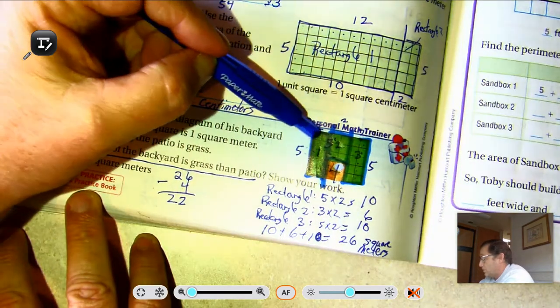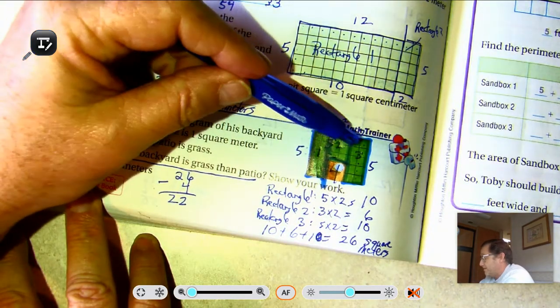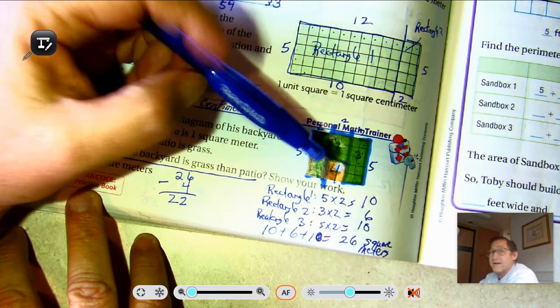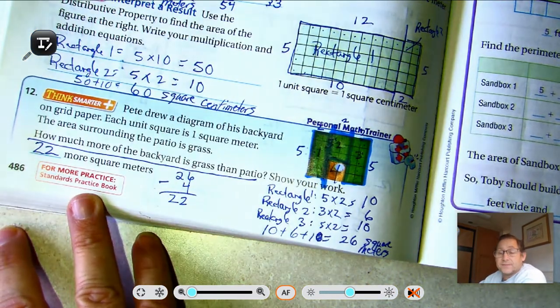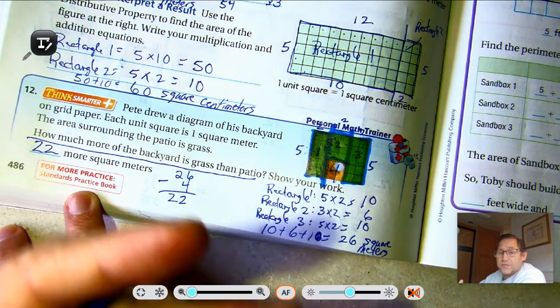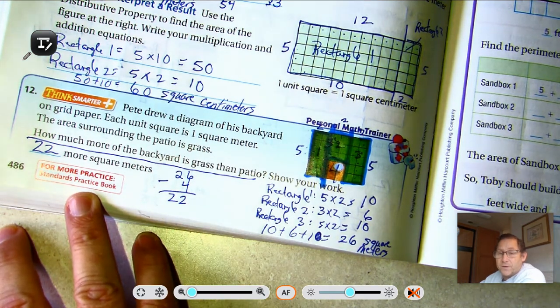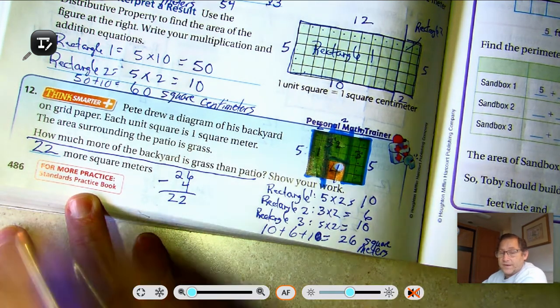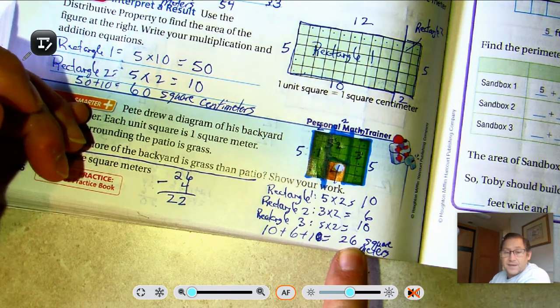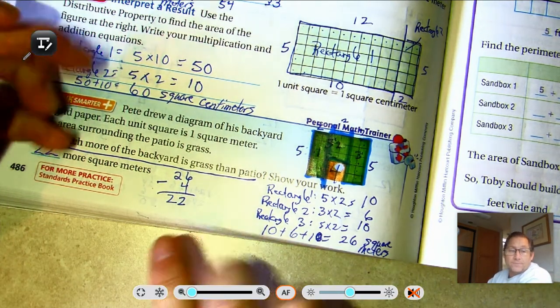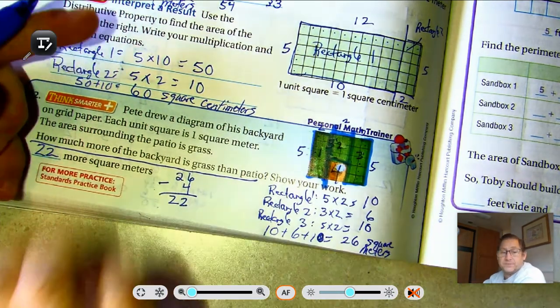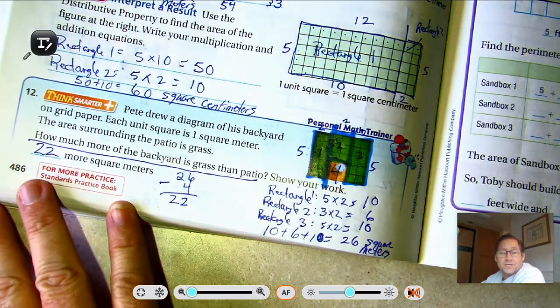Well, 1, 2, 3, 4, 5, 6. 1, 2, 3, 4, 5. 5 times 6 is 30. All right. But I don't have 30 square units of grass. 4 of them are the patio. So that's where I get the 26 from. 26 take away 4 gives me 22. 22 more square units of grass than patio.